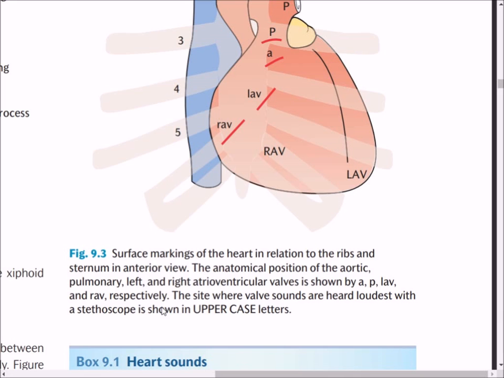The anatomical position of the aortic, pulmonary, left and right atrioventricular valves is shown by LAV, RAV, respectively. The site where valve sounds are heard loudest with the stethoscope is shown in uppercase letters.